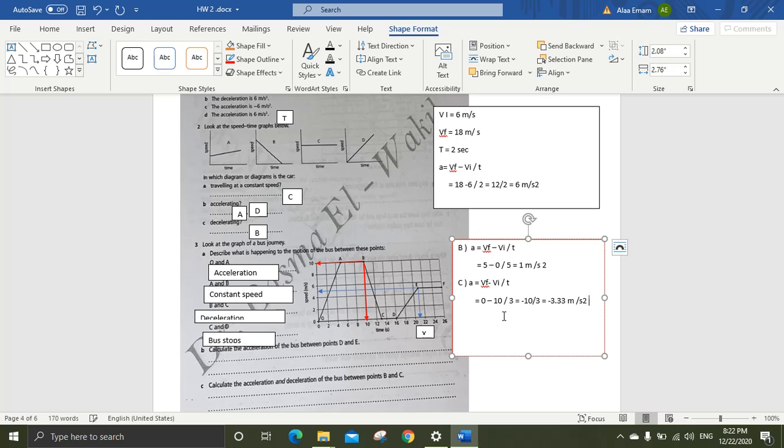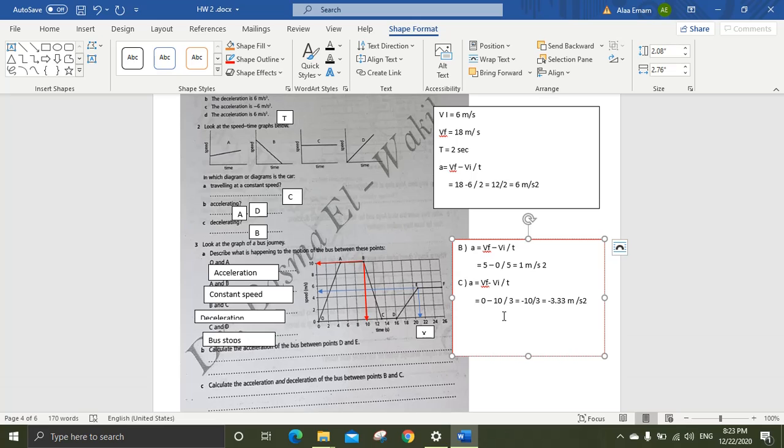And as it's shown here from the number, if you have got a negative value for the acceleration, this means that the object is slowing down. However, if you have a positive value for the acceleration, you're speeding up, you are accelerating. One more time. If you get a negative acceleration, this means that the V final was less than the V initial, so the object is slowing down.